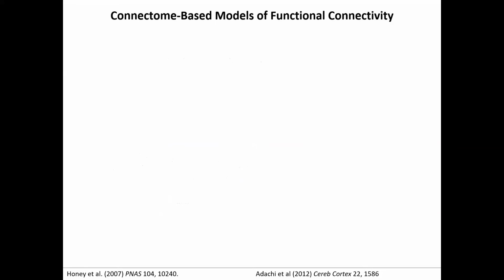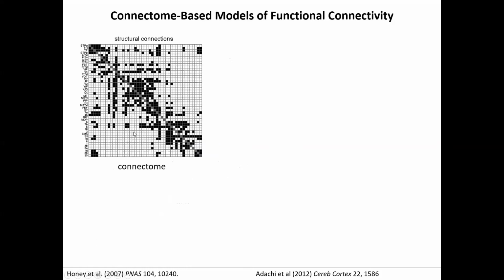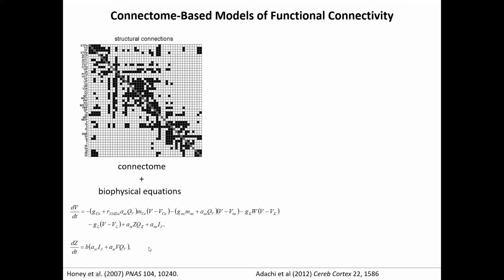We also know this from modeling. Here, the work that I did back in the day with Chris Honey, my graduate student at the time: structural connections of the type that I've shown you yesterday, this is macaque monkey cortical connectivity, can provide a coupling matrix for a set of biophysical equations that at each node capture how that node behaves through time.